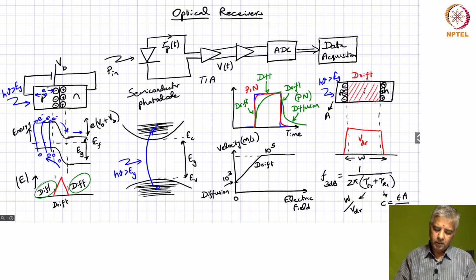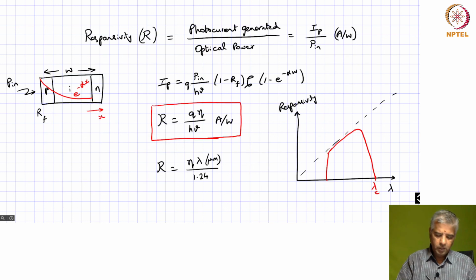As you go shorter and shorter wavelength, you are going through a transition from one of the deep energy levels in the valence band to one of the deep energy levels in the conduction band, and that means the probability of absorption is much higher, which means that your alpha value, so alpha is actually a function of lambda.